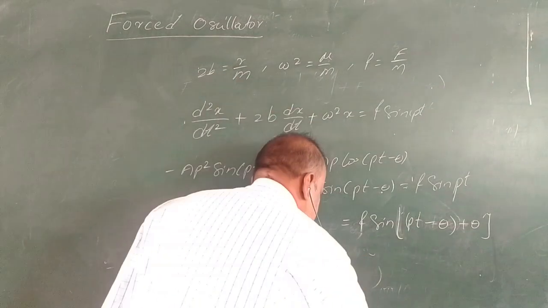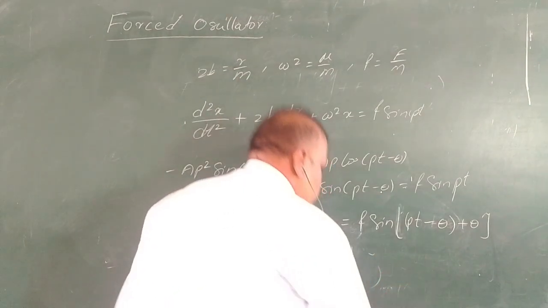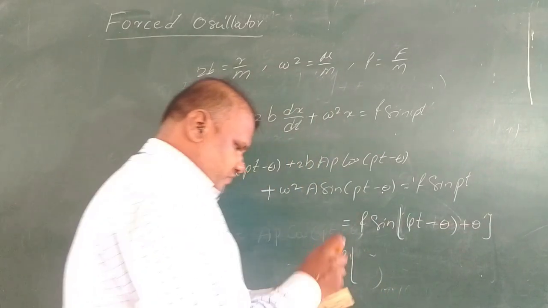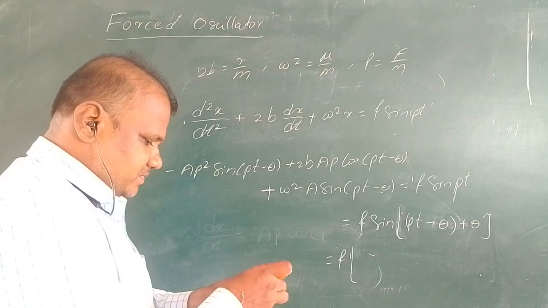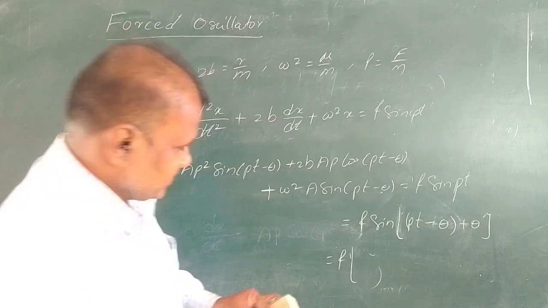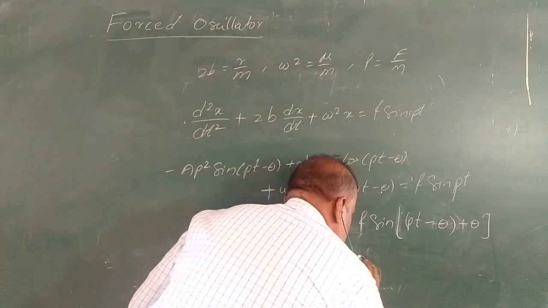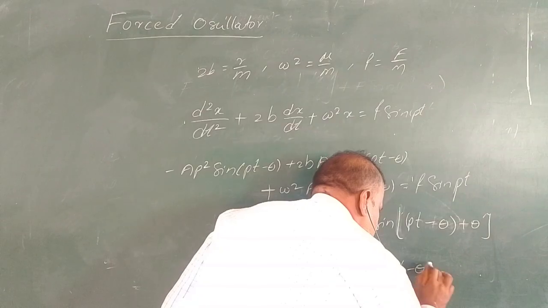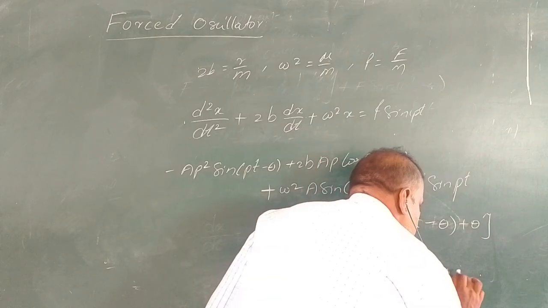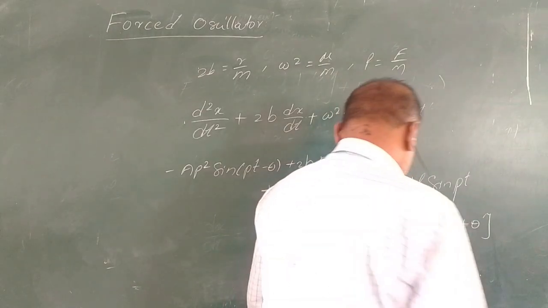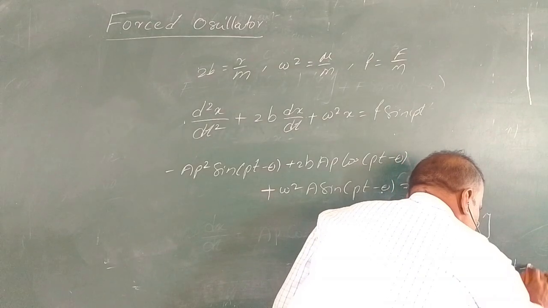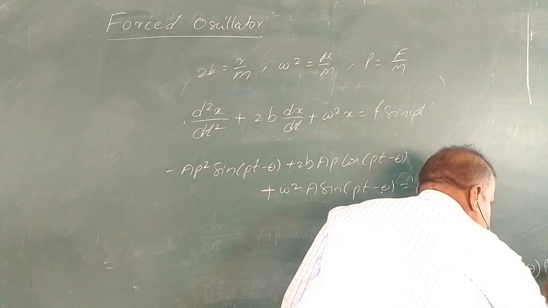This is similar to sin(a plus b), so we can apply the sin(a plus b) formula: sin(pt minus theta) cos theta plus cos(pt minus theta) sin theta.